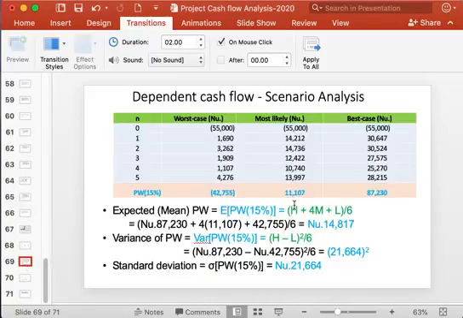But in reality, the cash flows are not independent. Each year's cash flow is not independent of other years in reality.